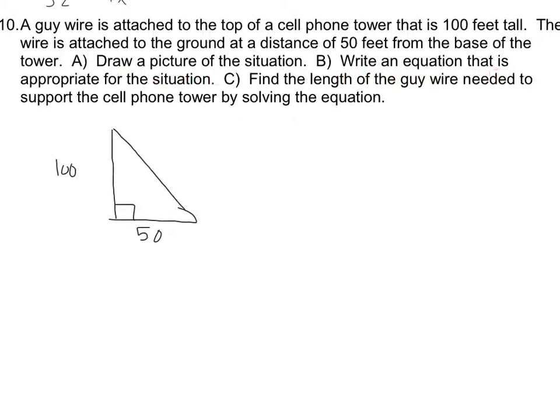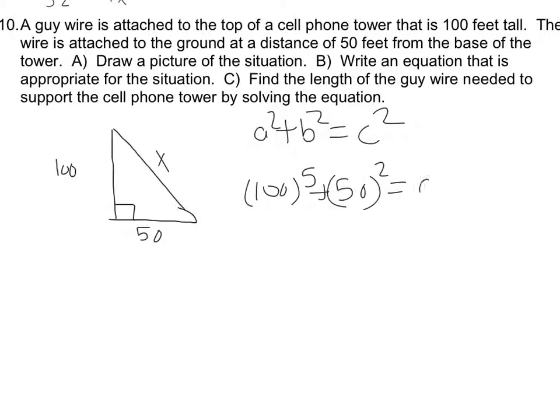It says write an equation that is appropriate for this situation. And we're looking for x. Well, it's a right triangle, so we're going to be using a squared plus b squared equals c squared. So you have 100 squared plus 50 squared equals c squared, or in our case, x squared. So you do 100 squared plus 50 squared, add them together.